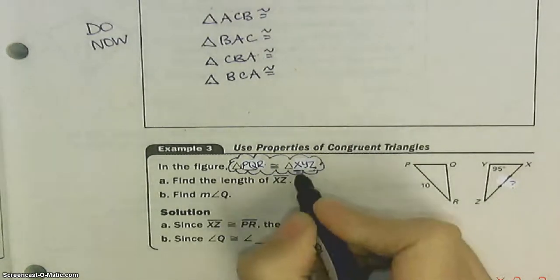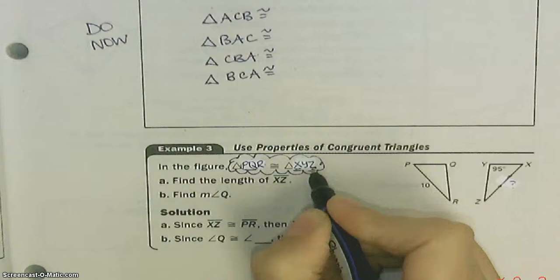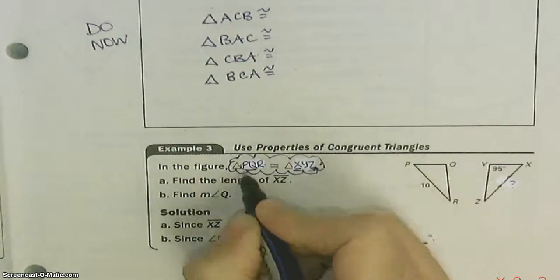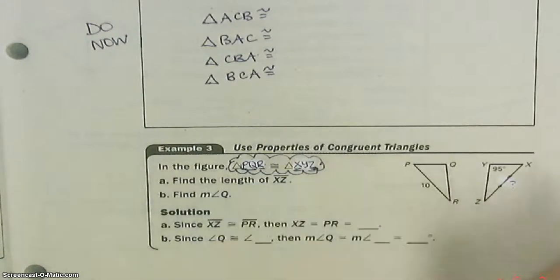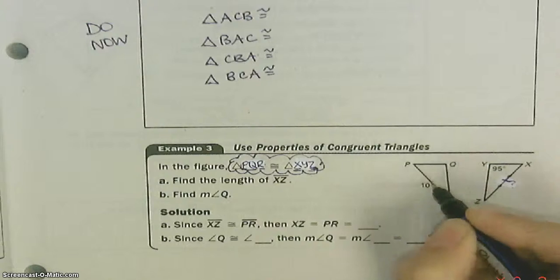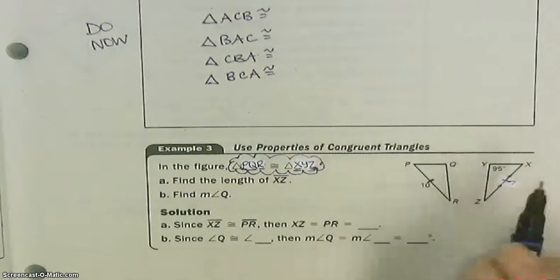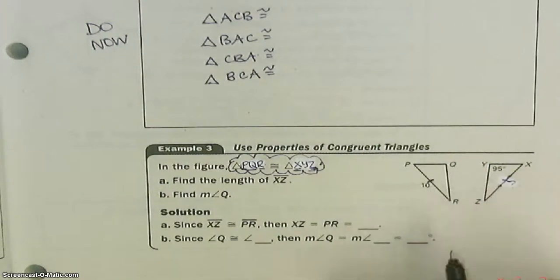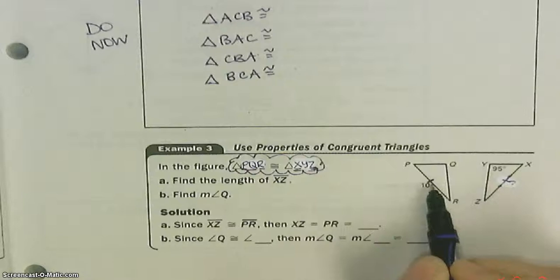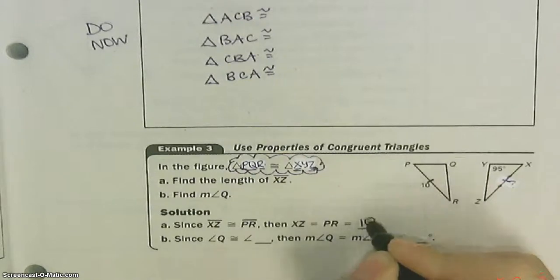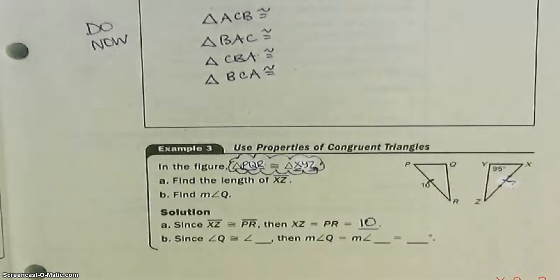Well, if you look here, X is in the beginning and Z is at the end. And P is at the beginning and R is at the end. So that must mean XZ is equal to PR. So we're going to put our tick marks there because they're corresponding. So if PR is 10, that means XZ must be 10.